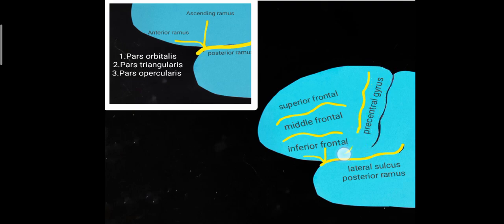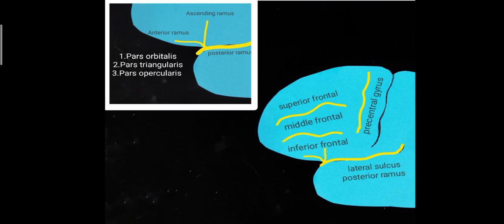The region in front of the precentral sulcus, which lies on the frontal lobe, is again divided into three by two horizontally, anteroposteriorly running sulci. They are the superior frontal sulcus and the inferior frontal sulcus. These two sulci divide the area in front of the precentral sulcus into three: the superior frontal gyrus, the middle frontal gyrus, and the inferior frontal gyrus.